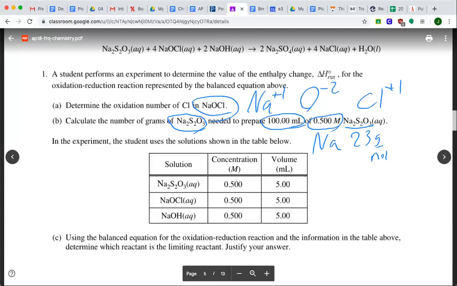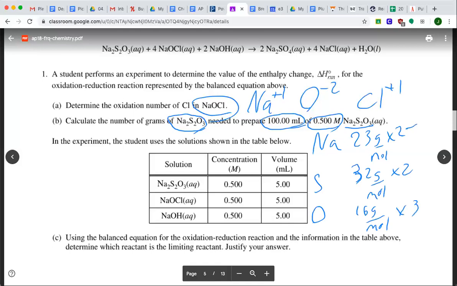And then sulfur has a molar mass of 32 grams per mole. And then oxygen has a molar mass of 16 grams per mole. Okay, and the trick is we have 2 sodiums, we have 2 sulfurs, and we have 3 oxygens.